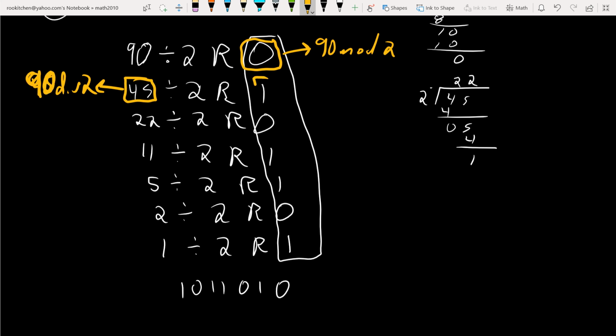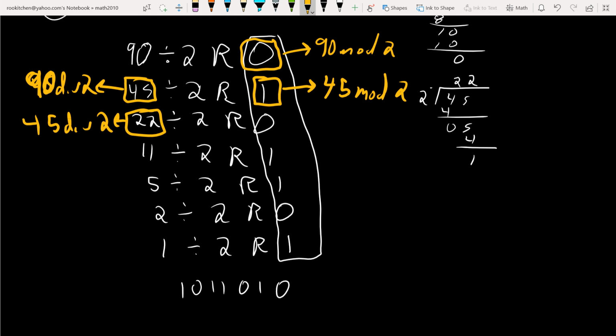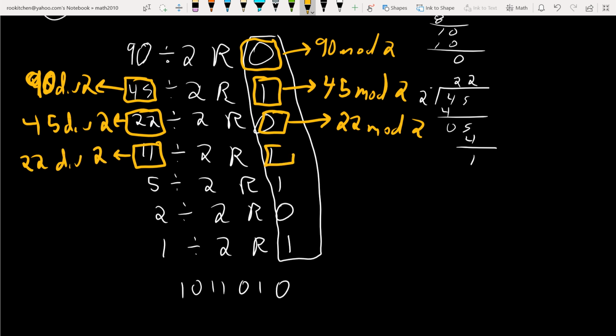Okay, and then this next number in your binary expansion will be the new q mod 2, and then this number will be q div 2, and then this number is the new q mod 2, and then this number is the new q div 2, etc. Okay, so we just need to put that into code and go with it, right?